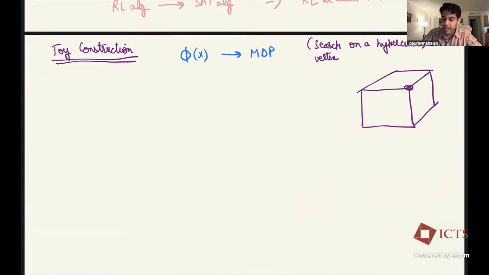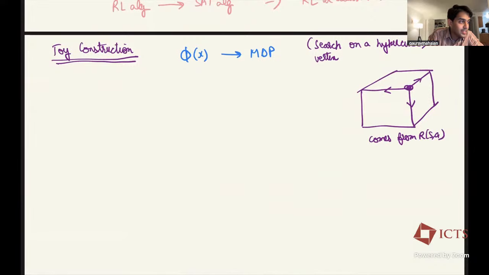You are someplace and you're searching for a vertex, and you can go in all these three directions. And the way you choose which direction to go, that signal comes from the reward function. It tells you which direction to go to find the vertex that you're looking for. Okay, so that's the basic thing, but I'm going to do it more formally.